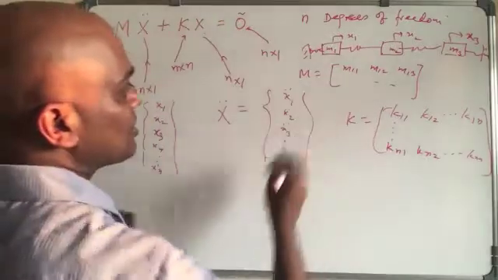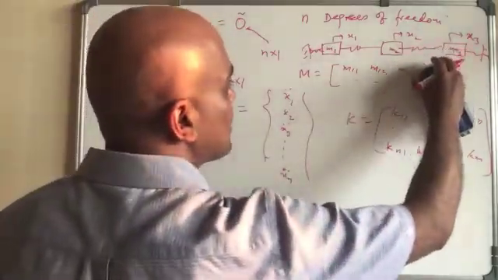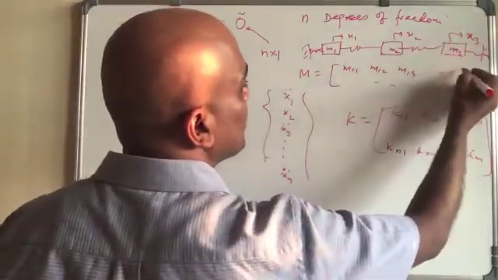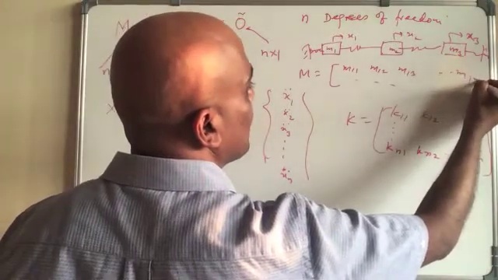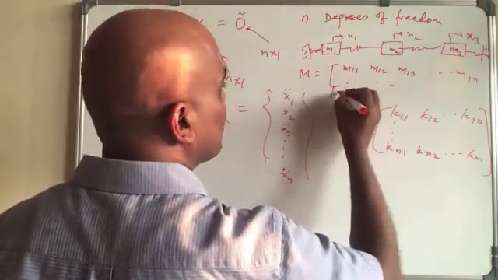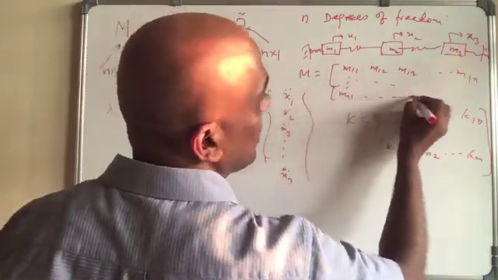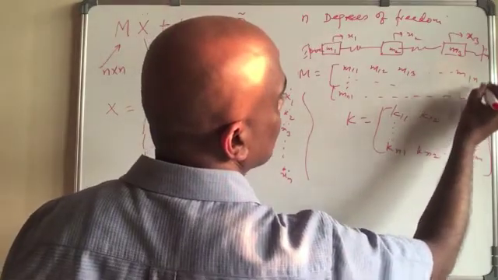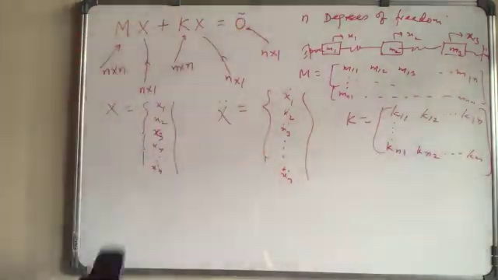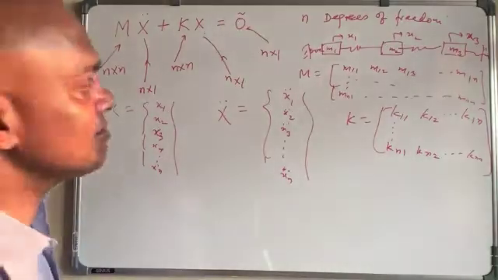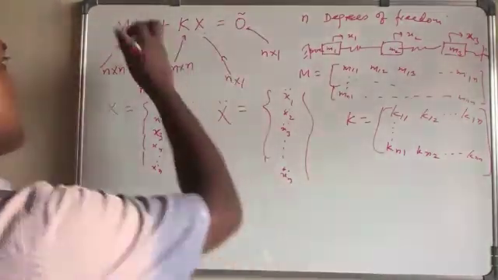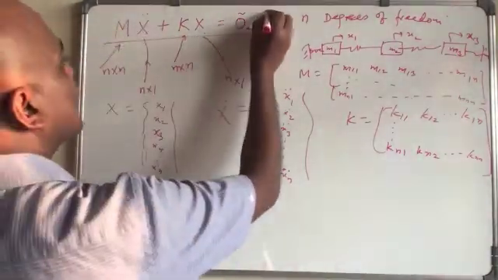Similarly, M also we can write in general form, so this will go till M1n, and similarly it can go Mn1 and Mnn.